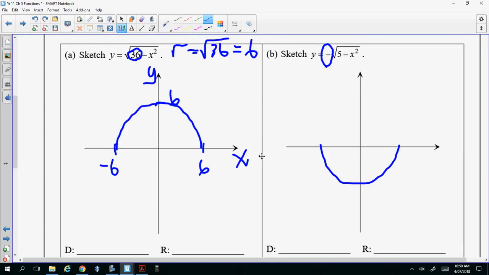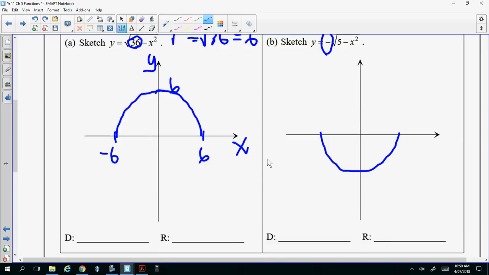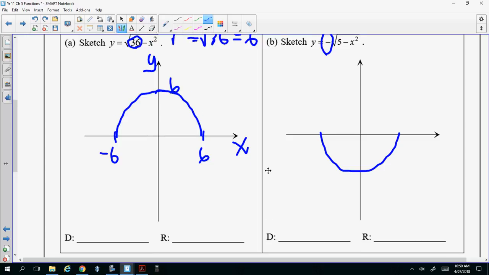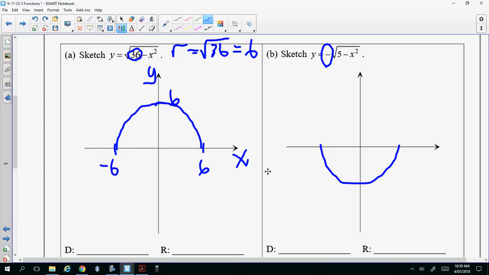All right, let me ask Lisa, what's the domain for the first semicircle? All right, that's the range. The x is when here, right? You can see here or there.